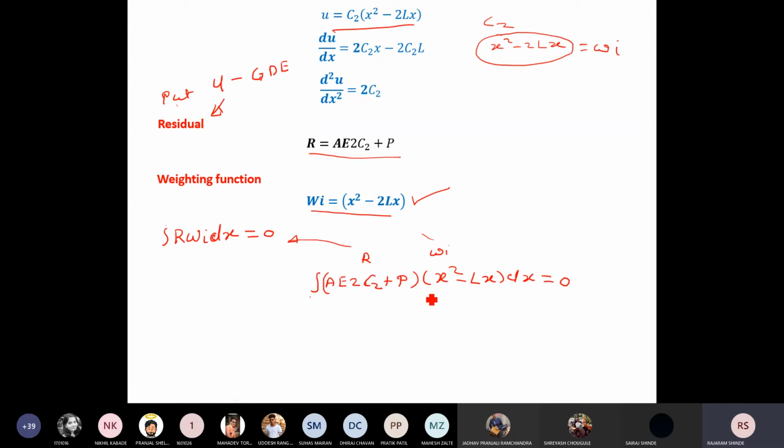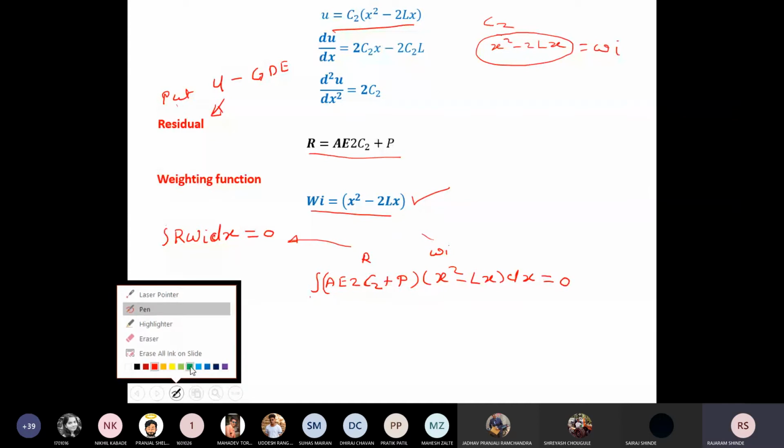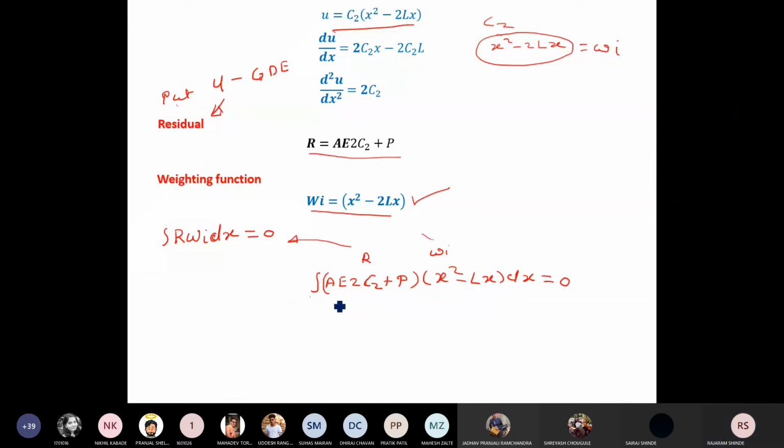Now if you observe the first term, this is a constant term.